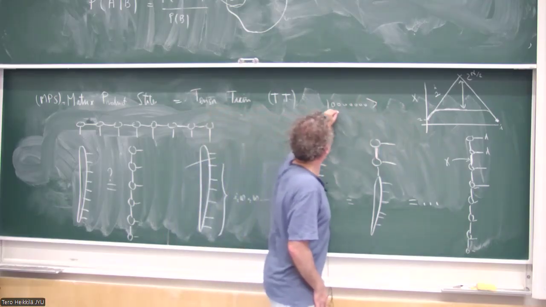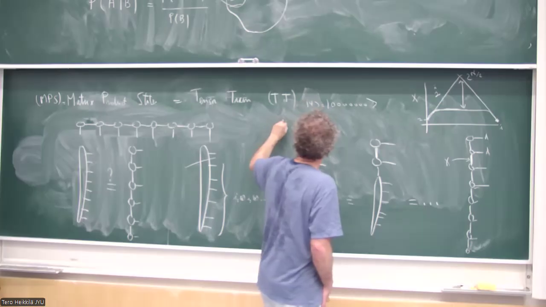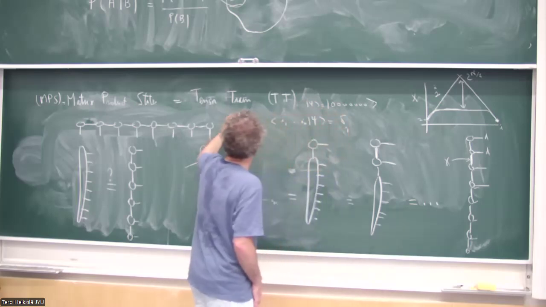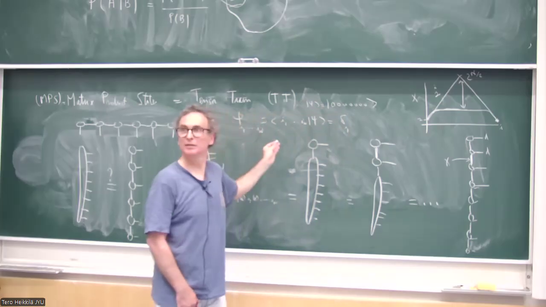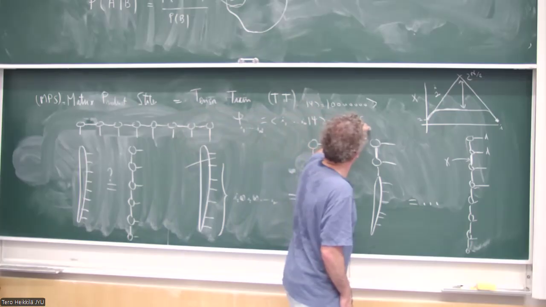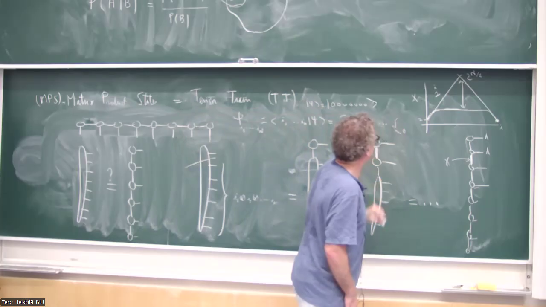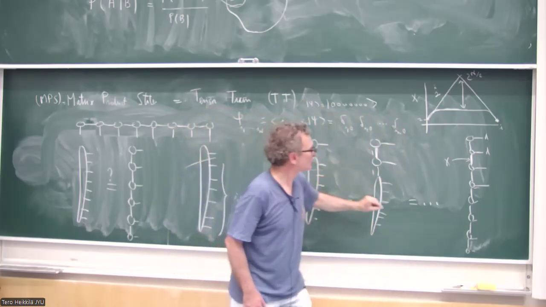If I call this state psi, then psi(i1, ..., iN) is delta(i1, 0) delta(i2, 0) ... delta(iN, 0), which is clearly a product, so it's rank 1.